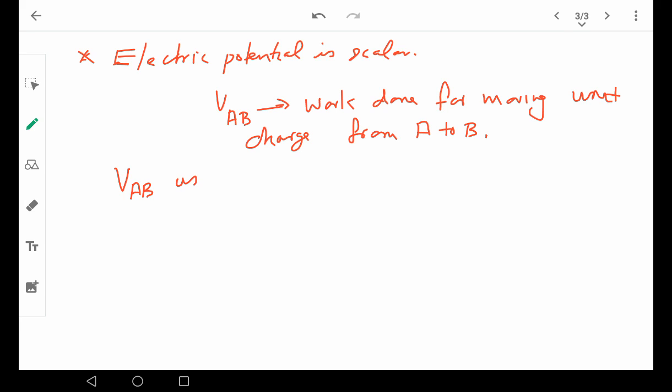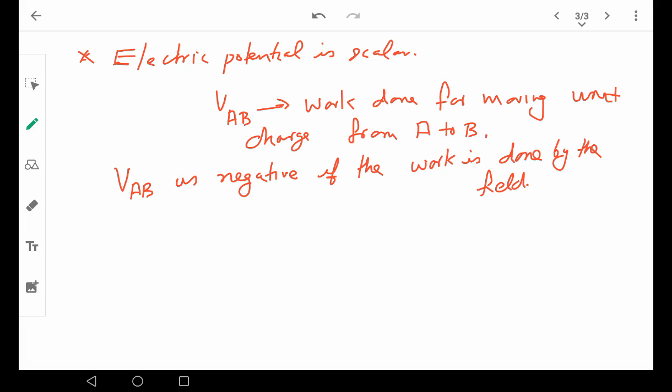VAB is negative if the work is done by the field. That's what it means. If a charge moves in a field and the movement is due to the work done by the field itself, we can say VAB is negative.